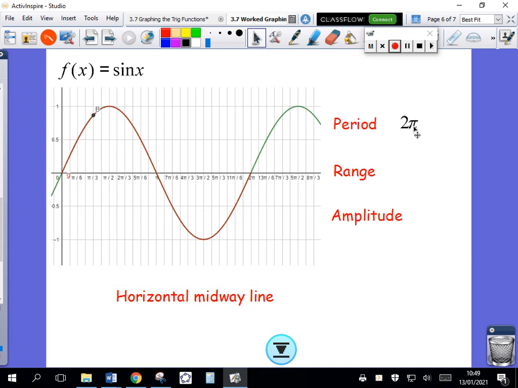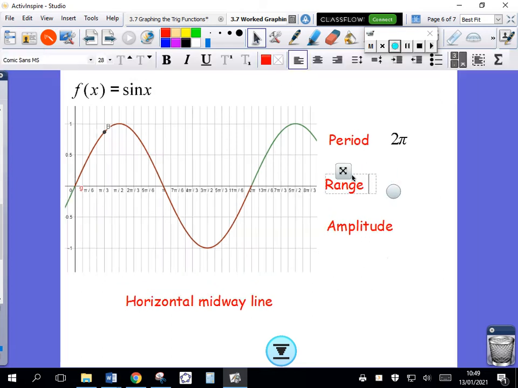So that's the period. The range just tells me what's the lowest value, what's the highest value, and it kind of puts those in a bracket. Number one, I'm using square brackets. Why? Because the lowest value is included in the function and the highest value is also included. So this goes from the lowest value here, the lowest output here is -1.